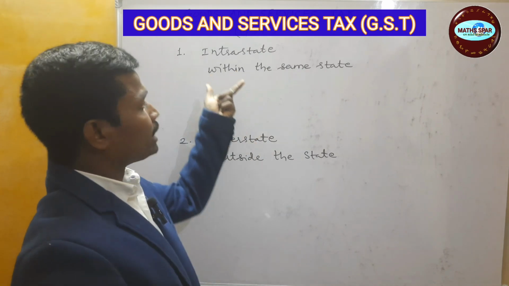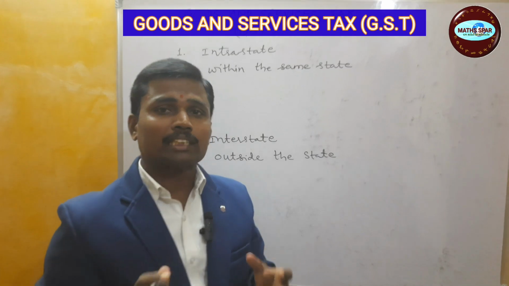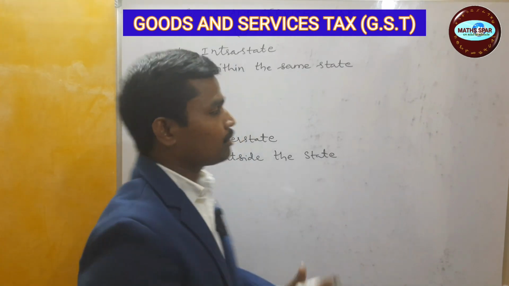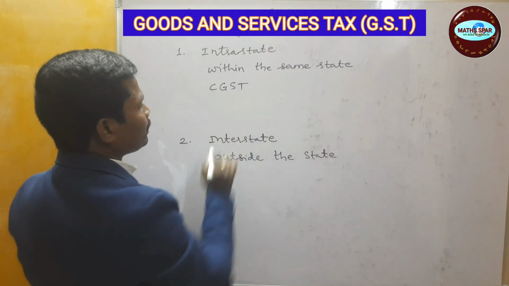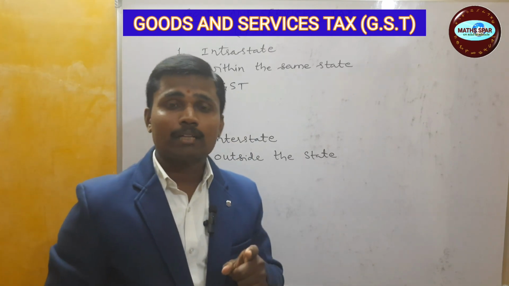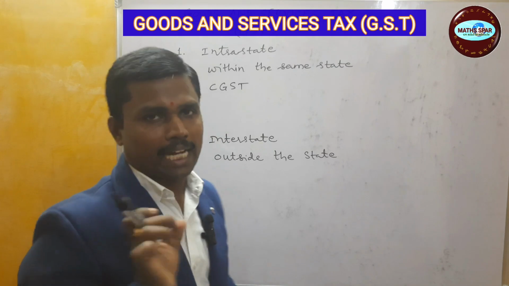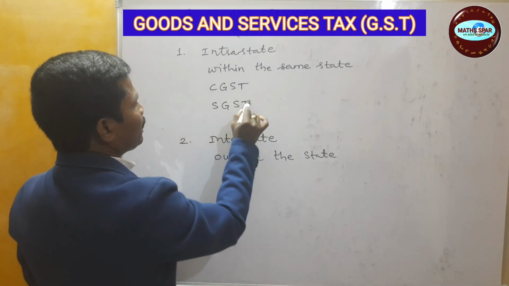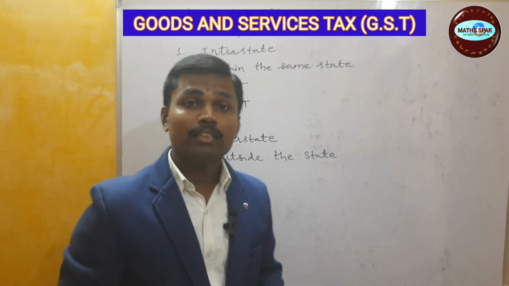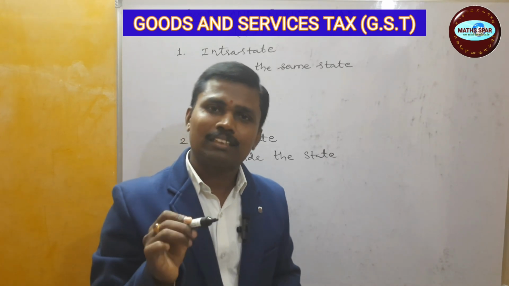When a transaction is intrastate, within the same state, GST will be collected in 2 ways. One is CGST, which is nothing but Central Government Goods and Services Tax. The second one is SGST, that is the State Government Goods and Services Tax.